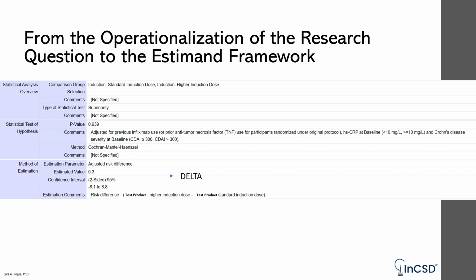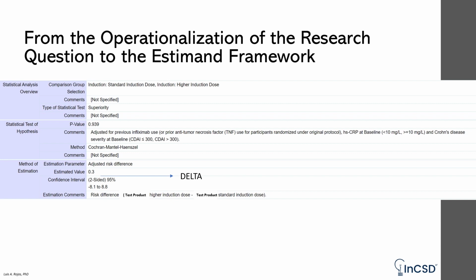I'm going to be using the same data from the Crohn's disease trial that I presented before. Let's check carefully. The comparison group during the induction phase used a standard induction dose and then a higher dose, and it was a superiority test. The p-value ended up being statistically significant, and they comment on an adjustment they made for previously used infliximab.